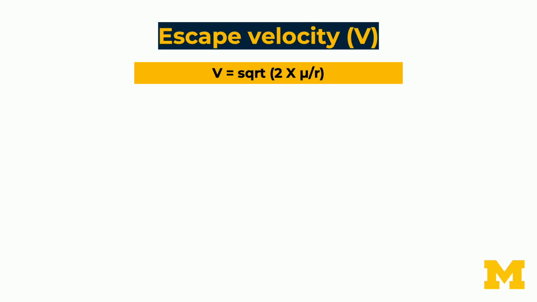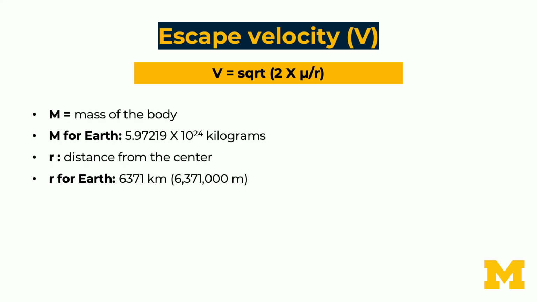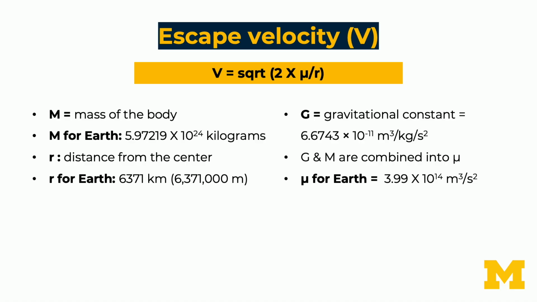And so the escape velocity, using those equations, you get this equation. The velocity is equal to the square root of 2 times mu divided by r. And so mu for the Earth is the gravitational constant, which is just a universal constant, times the mass of the Earth.